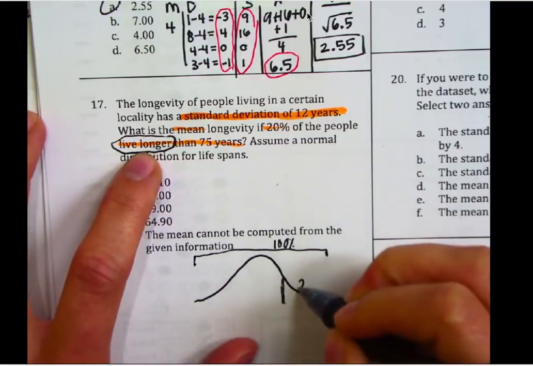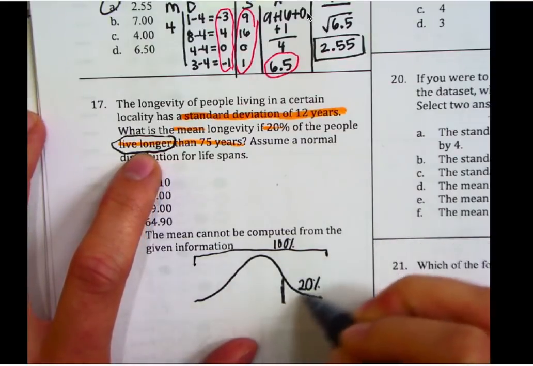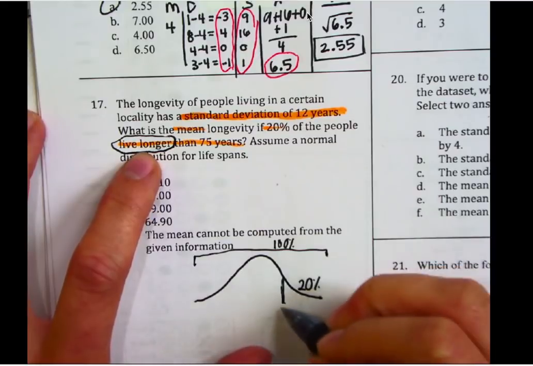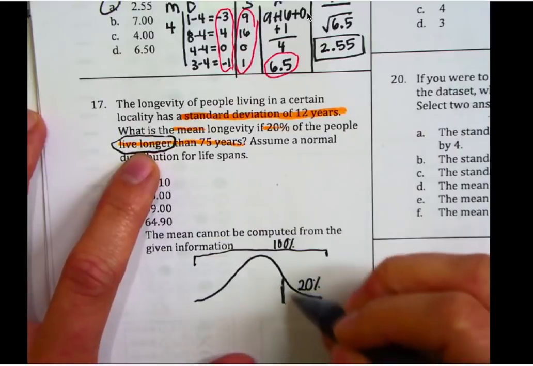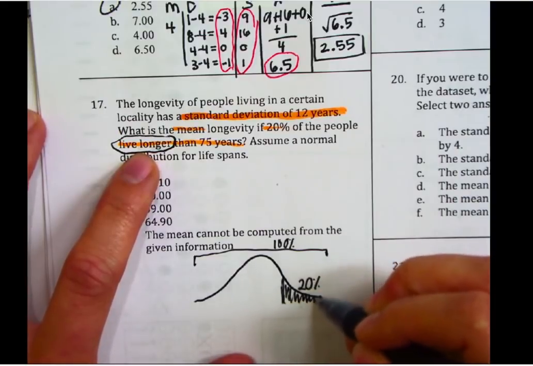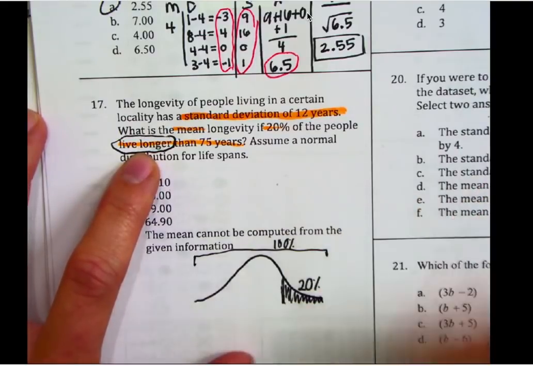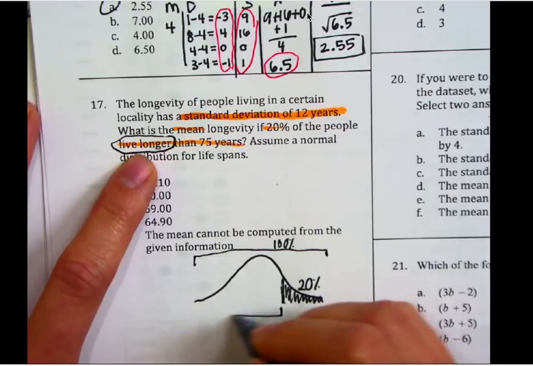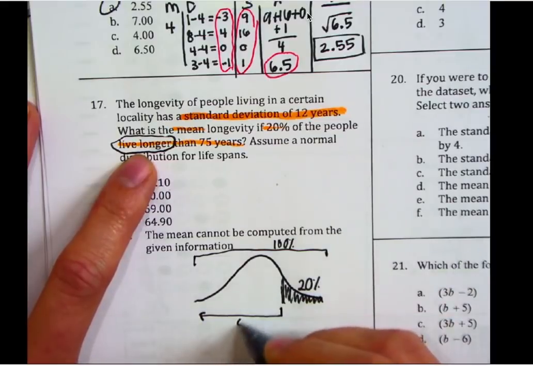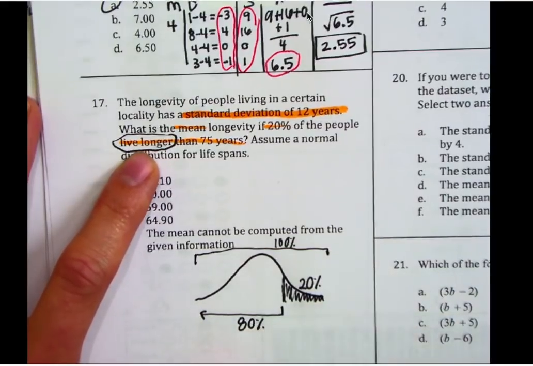So living longer would be towards the right because it's more years when you're on the right. So 20% would be here, and that is what they're giving us. So what we know is from this value to the left is going to then be 80%.